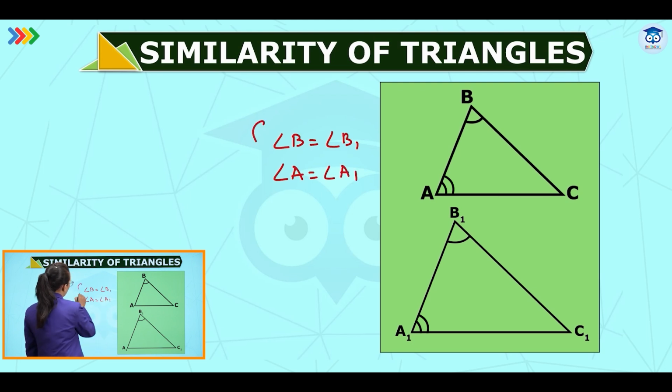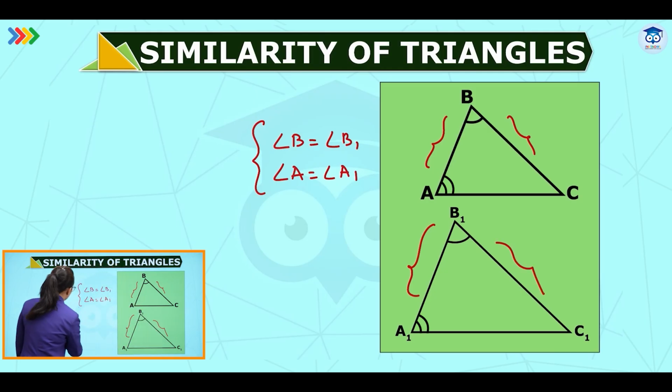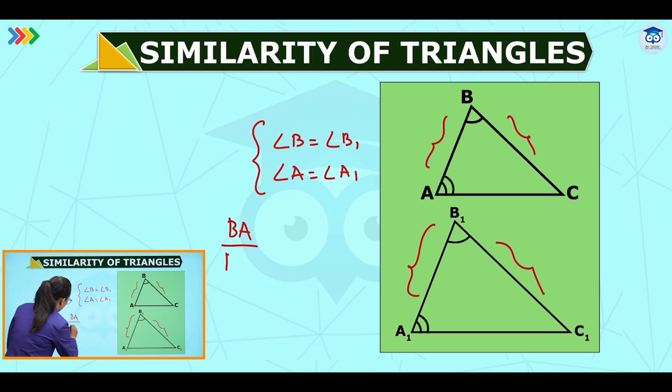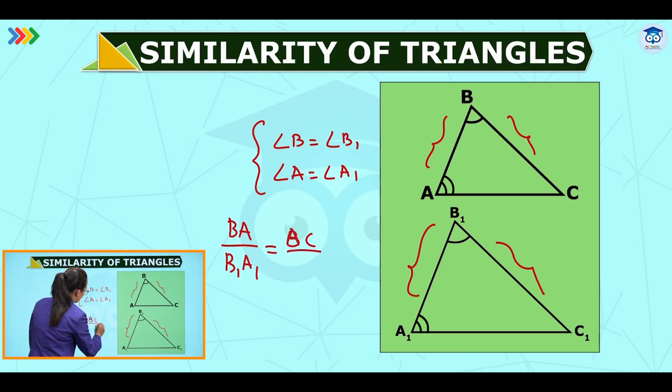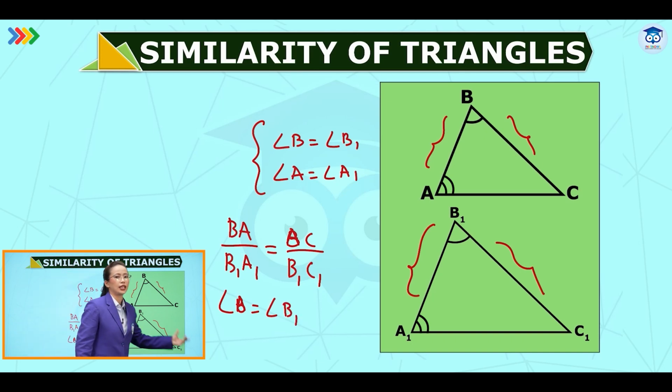So first case where we use AA, similar. Now you can use the sides, suppose this and this. If you are defining the ratio BA to B1A1 is equal to BC to B1C1, and the angle B is equal to angle B1, then we use here SAS.